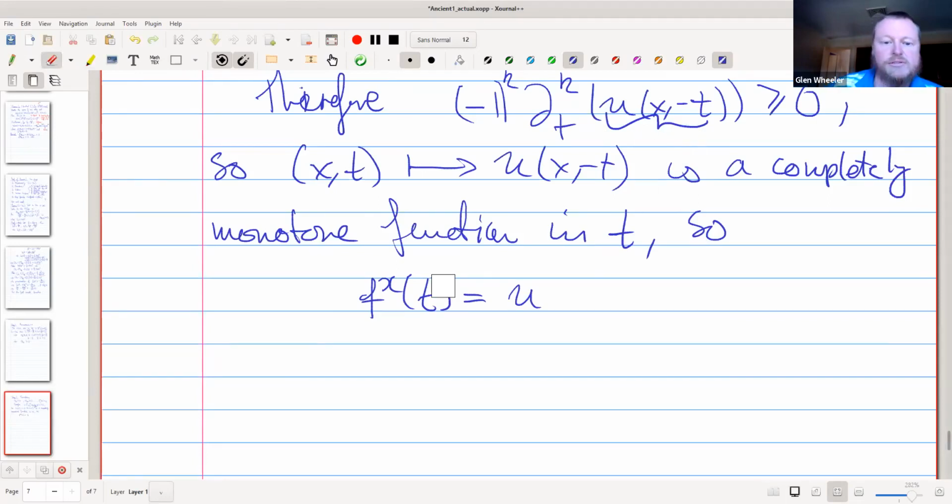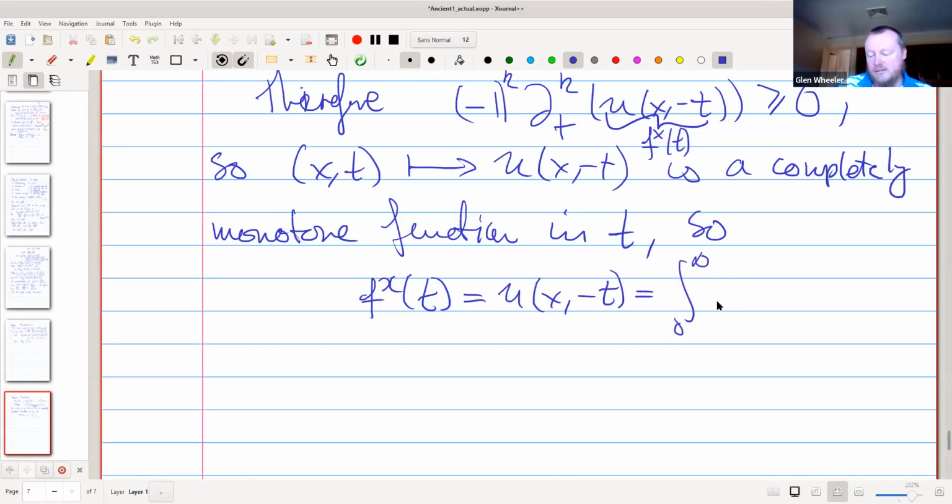It's not f_x of t. Oh, yes it is. Sorry. I confused myself. So f_x(t), which is that function, u(x,-t), has this expression which looks like a Laplace transform. Except you have a measure here. So this is Bernstein.